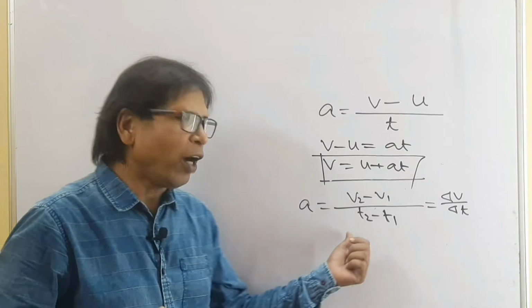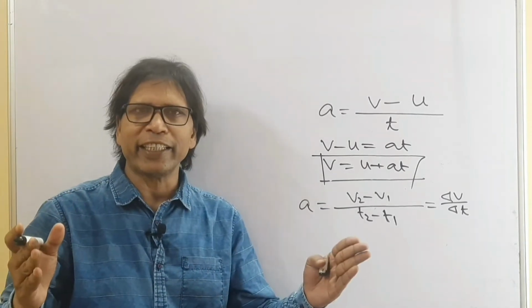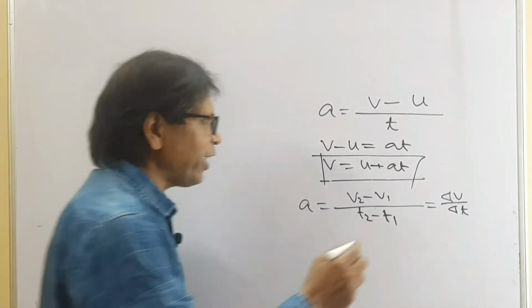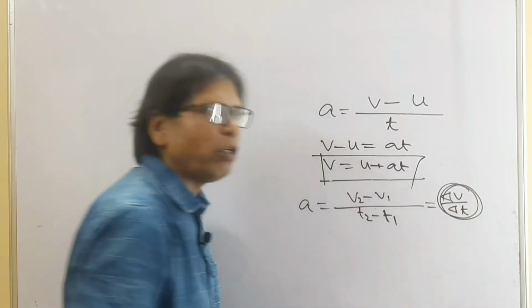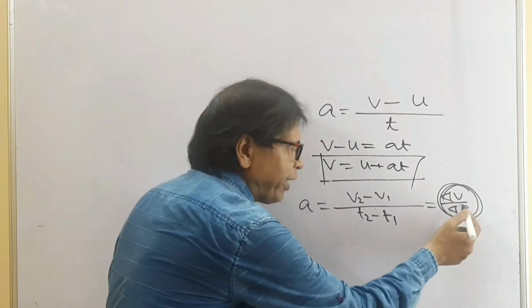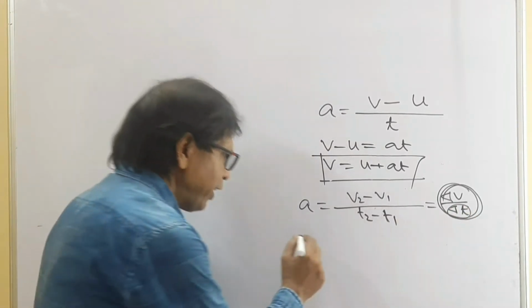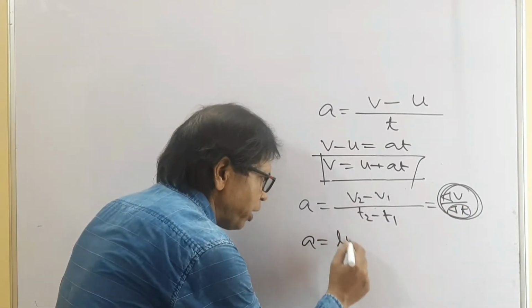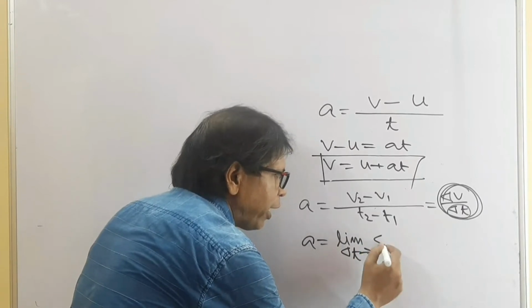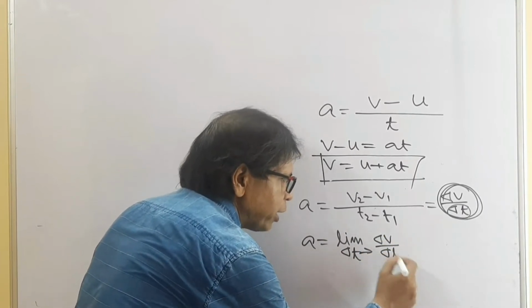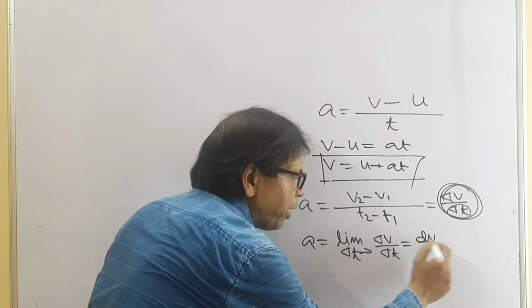Okay? Now, instantaneous acceleration. The instantaneous acceleration is the limiting value of this average acceleration when delta t tends to 0. That is, a equal to limit delta t tends to 0 of delta v by delta t. This is known as dv by dt.